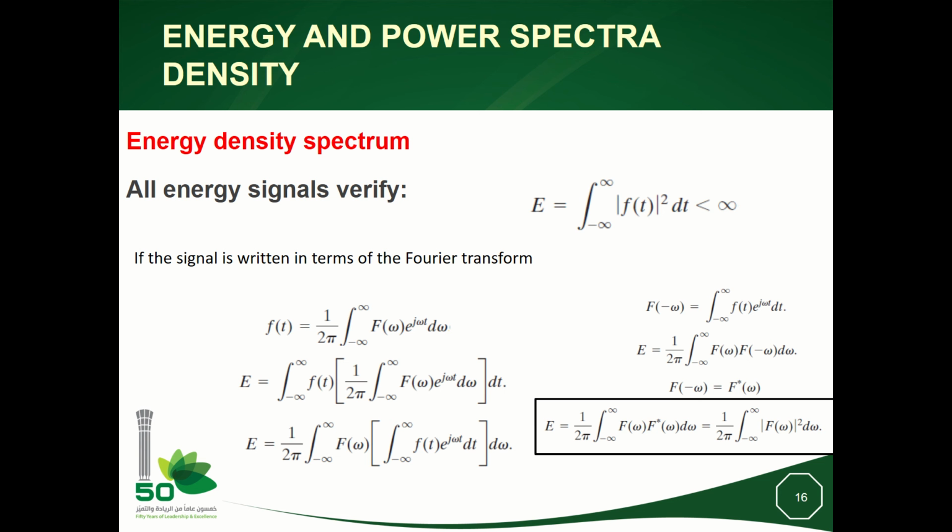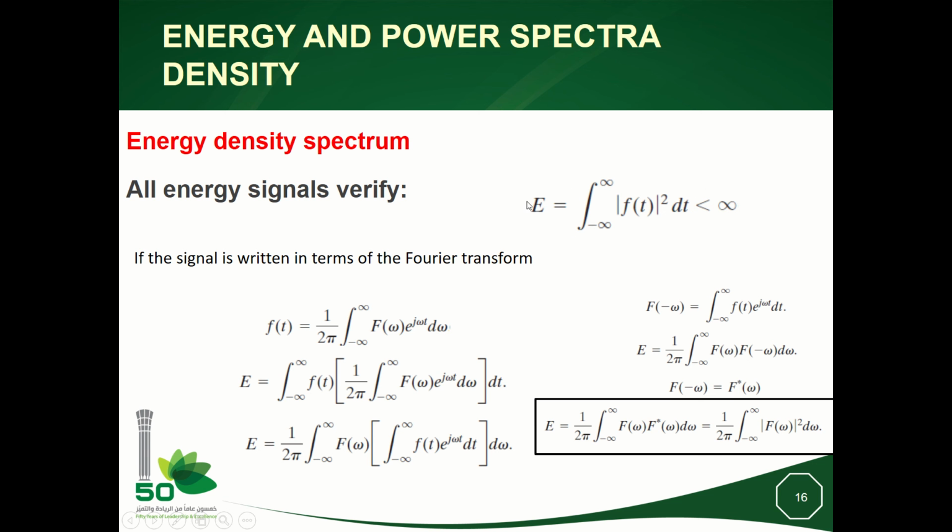Now I will go to the definition of energy and power spectral densities, and I will start with the energy definition. So what we mean by energy signals are signals that have finite energies. It means that if I integrate the signal in magnitude squared dt from minus infinity to plus infinity, it should be less than plus infinity.